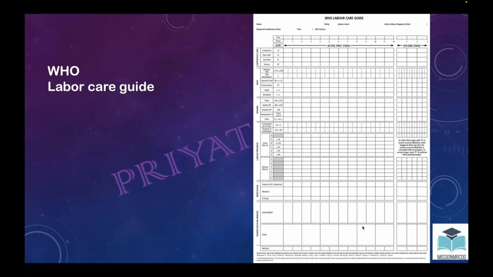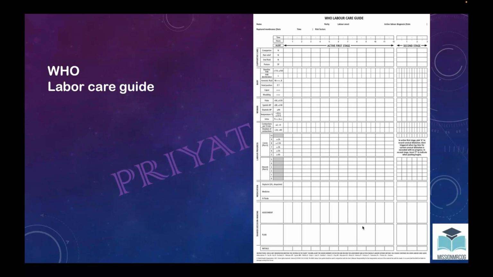If it's less than 110 or more than 160, as we already know, it's an alert and we have to circle it. And if there is any deceleration, we already know there are types of deceleration: early, late, and variable. If it's a late deceleration, we have to be alert about it, and we have to circle it.